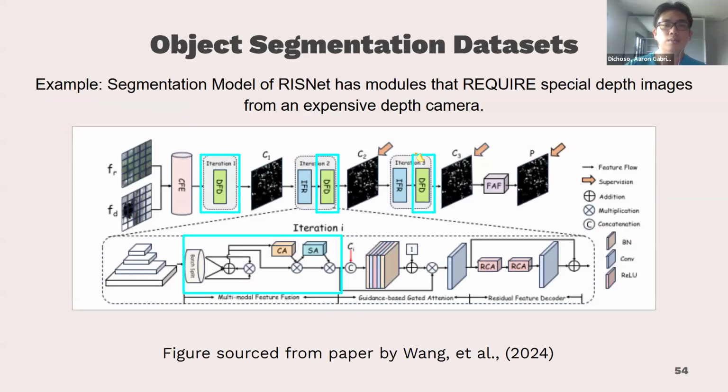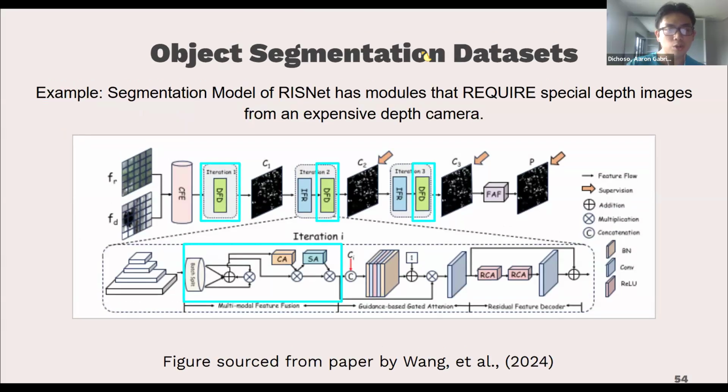Right? So object segmentation datasets. When you are improving upon an object segmentation model, it kind of also follows the same flow that we've showed earlier in the lecture with how RCNN evolved to fast RCNN, to faster RCNN, and to mask RCNN.